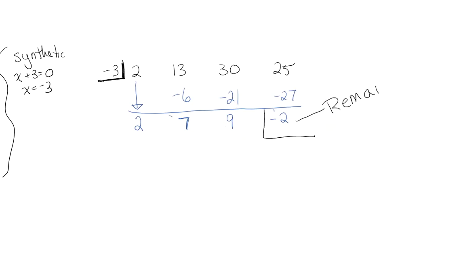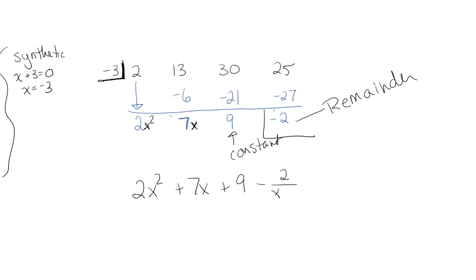So the very last number is going to be your remainder. And then everything else follows backwards. So the next number will be our constant. The next term will have a degree of 1, and the next one will have a degree of 2. So 2x squared plus 7x plus 9, and then I'll do negative 2 over my divisor, which is x plus 3.